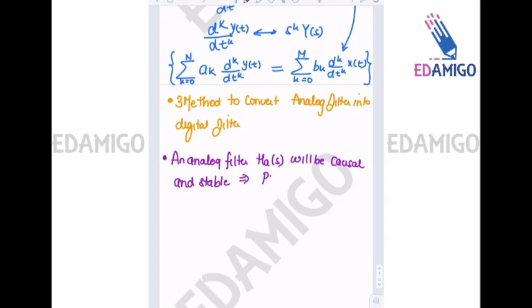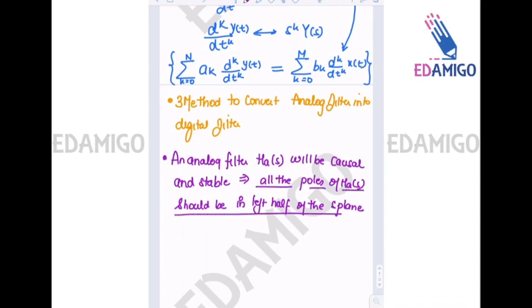The requirement is that all the poles of H(s) should be in the left half of the S plane. All the poles should be in the left half of the S plane.